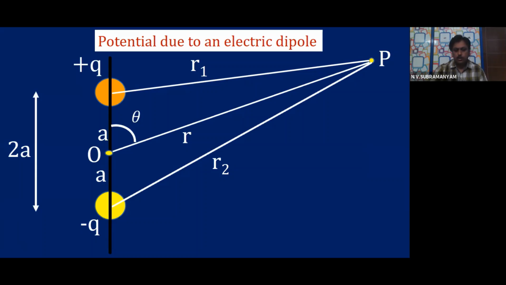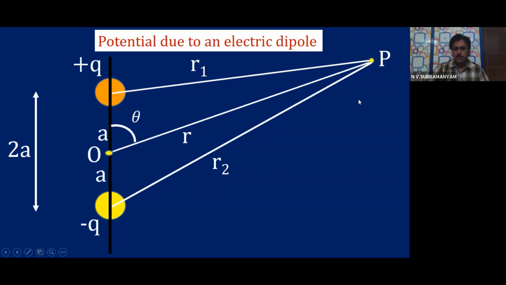Now let us continue our discussion. You tell me, all of you. Here there are two charges, plus q and minus q. At this point P, how many potentials are going to get created? Yes, your answer is right. Two potentials. Because last time also I told you, as many charges as there are, that many potentials are created. So plus q will create one potential, let us say V1 at this point. Like that, minus q will create another potential V2.